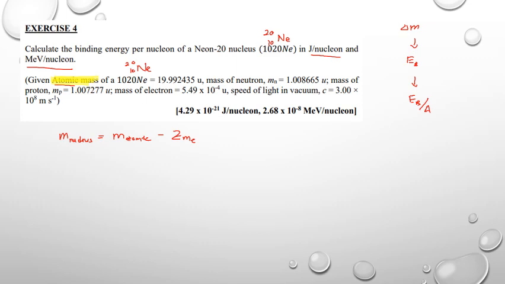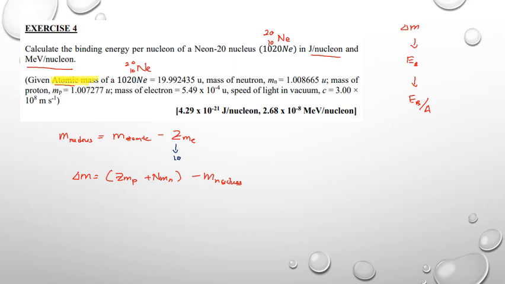Remember the number of electrons is always the same as the number of protons. Therefore, we have ZME right here, where Z equals 10, because you have 10 protons in this neon. Once you have the mass of the nucleus for neon, you can then calculate the mass defect by using ZMP plus NMN minus M nucleus.